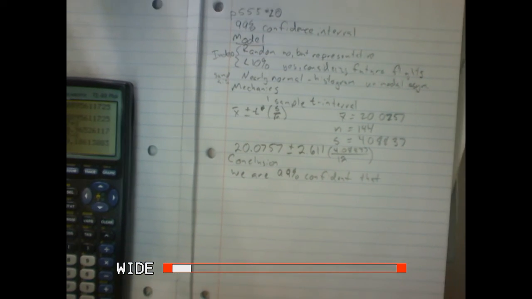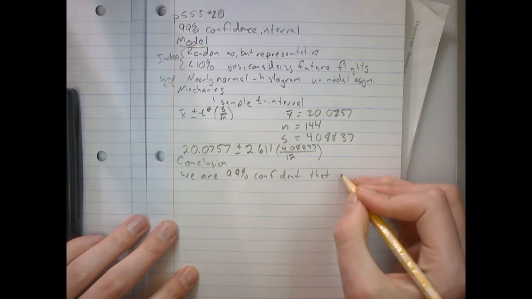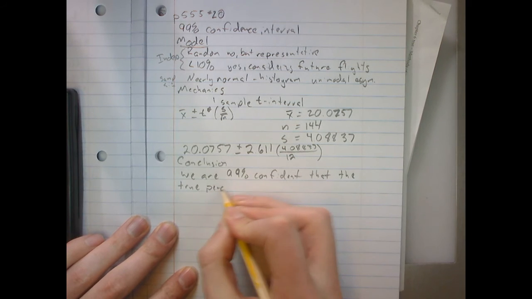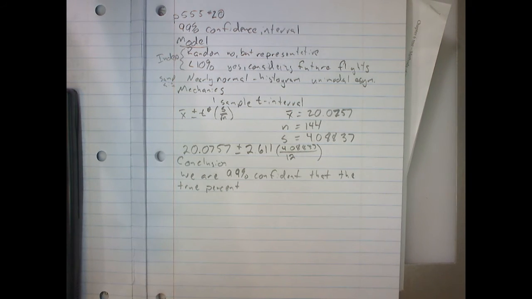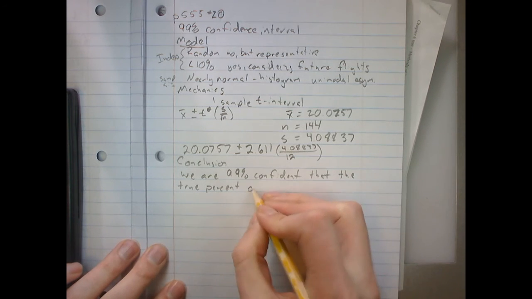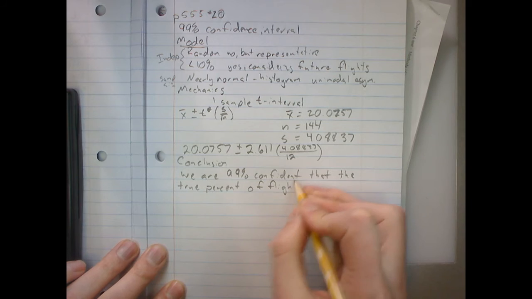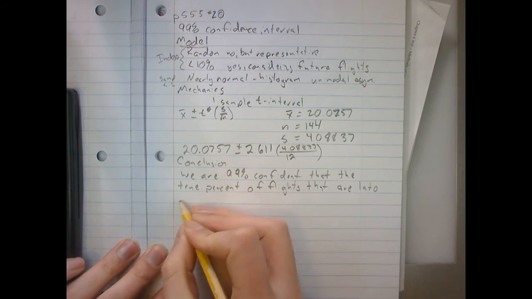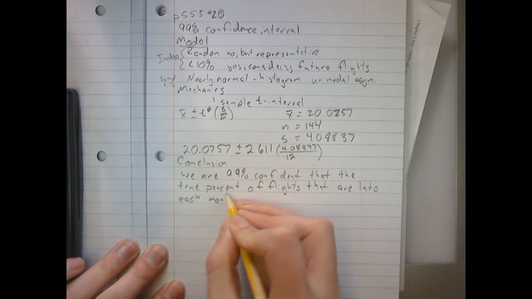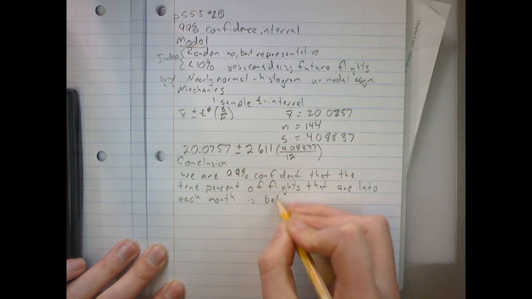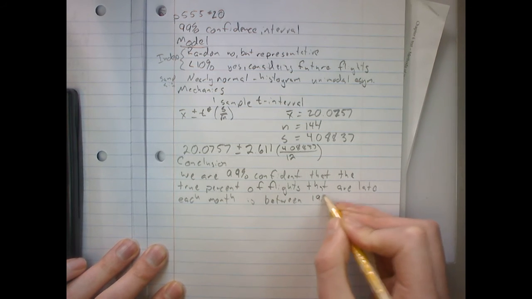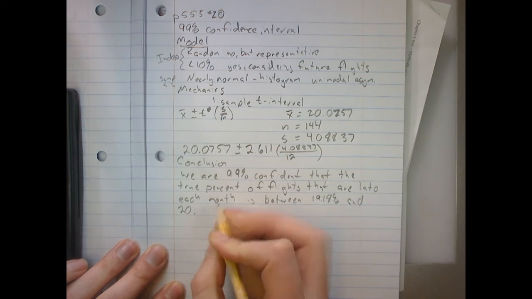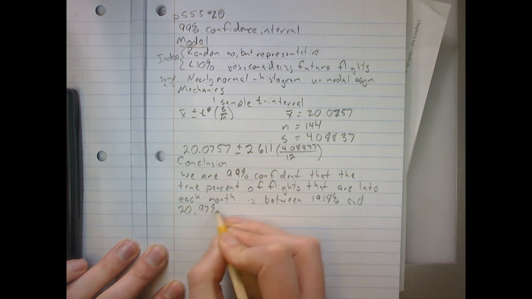We are 99% confident that the true percent of flights that are late each month is between 19.18% and 20.97%.